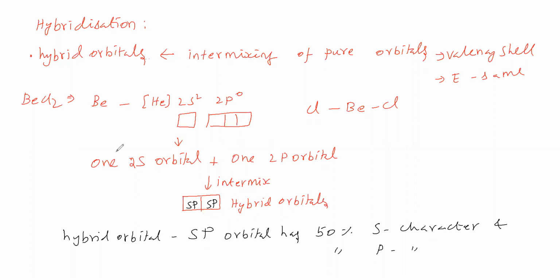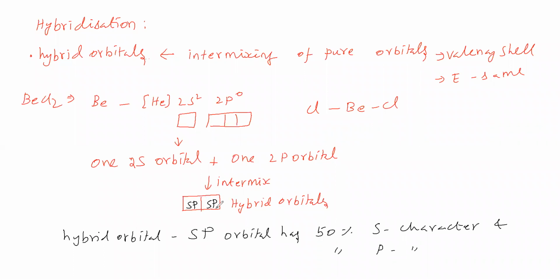You may ask the question, how will they intermix? Understand that an orbital is mathematically derived, therefore it is mathematically explained like this. So we got 2 sp hybrid orbitals.